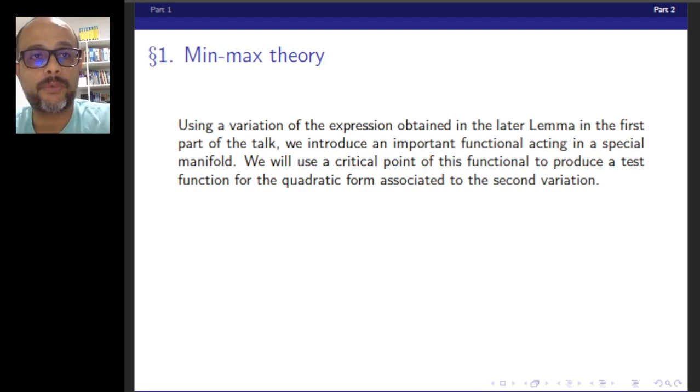If you recall from the first part of the talk, in the last slide of the first part of the talk, I presented the expression of the quadratic form associated with the second variation applied to the vector field phi AB. Okay, the expression is very simple.